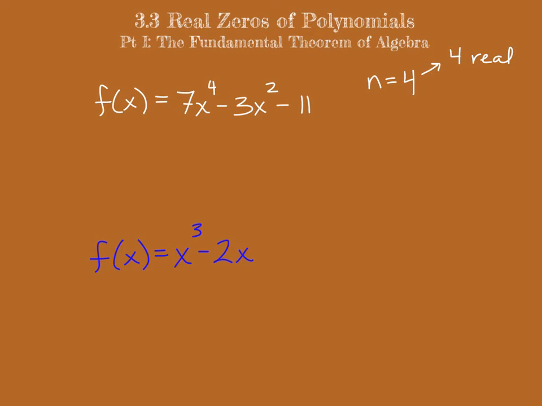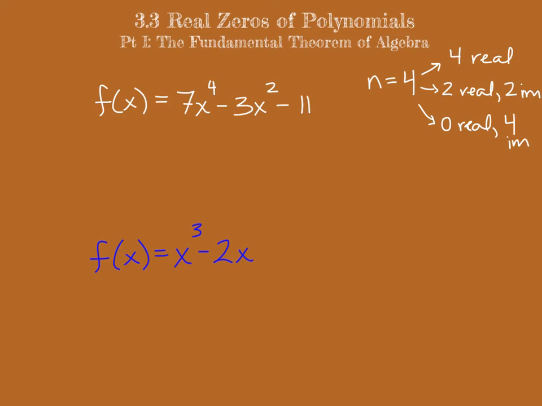Or we might have 2 of them being real and the other 2 imaginary, so we only cross the x-axis twice. Or maybe none of them are real and all 4 of them are imaginary, because imaginary roots come in pairs and pairs are an even amount. So there are 3 possibilities here.